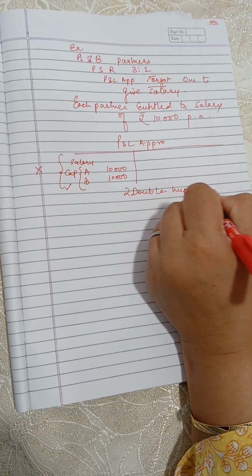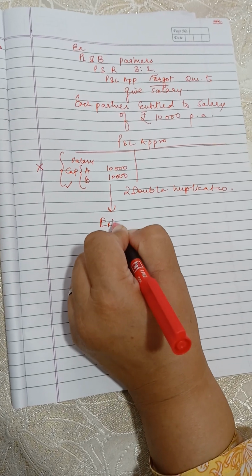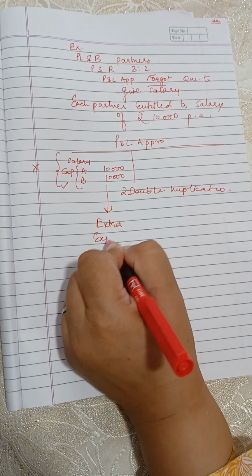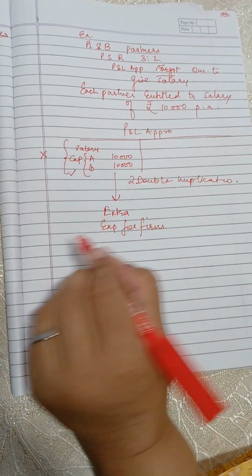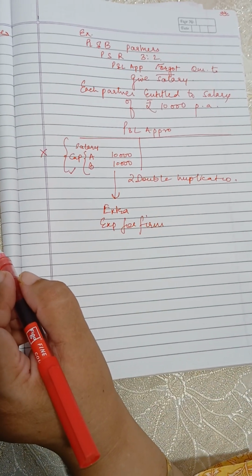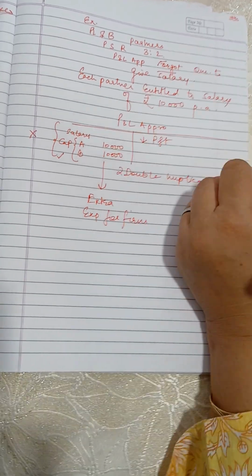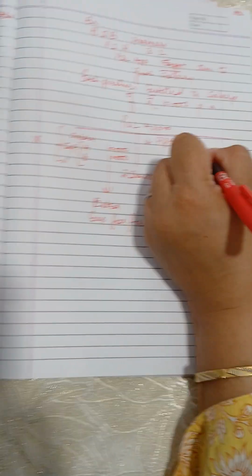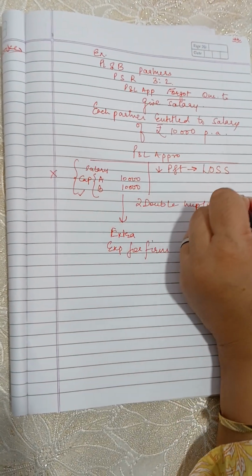The second implication of this is, first, this is an extra expense for the firm. If an extra item is coming on the debit side of the P&L appropriation, it will decrease your profit, or in other words, it results in a loss. What is the loss?